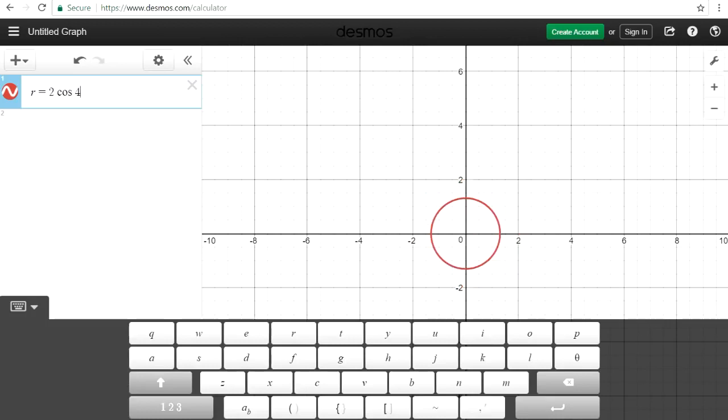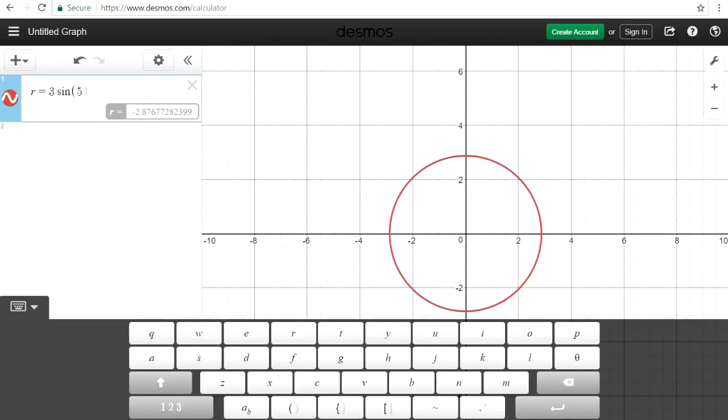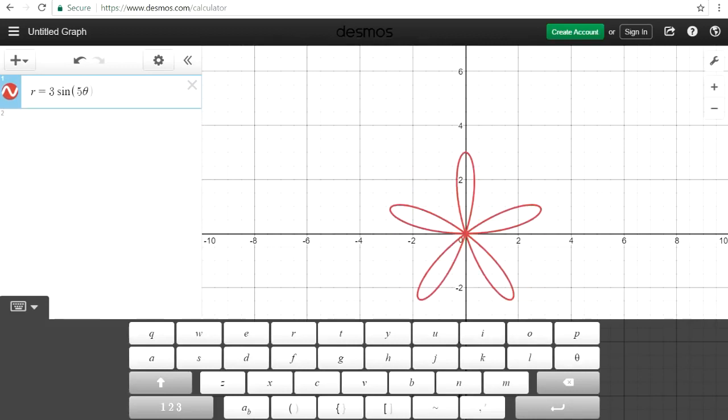Let's see what else we could try. Here's another polar equation, 3 sine 5 theta. So as you can see, it's very useful.